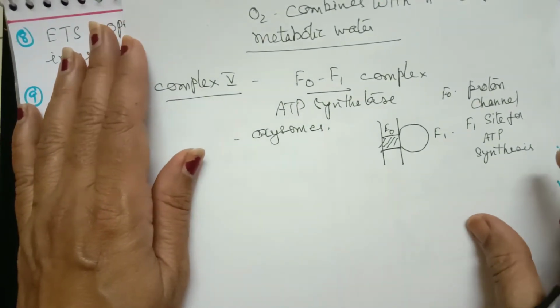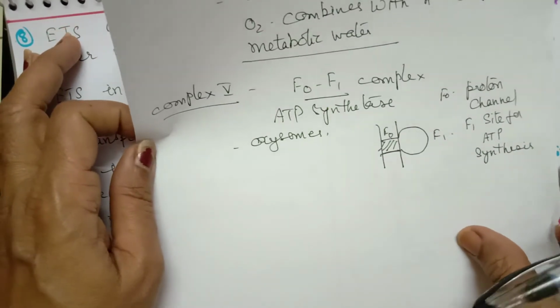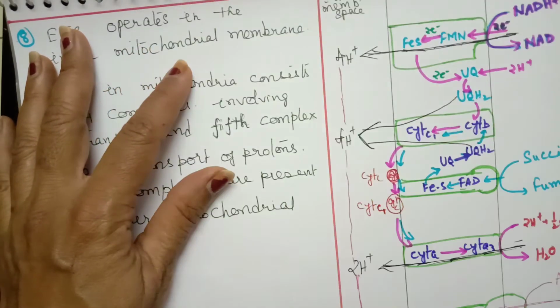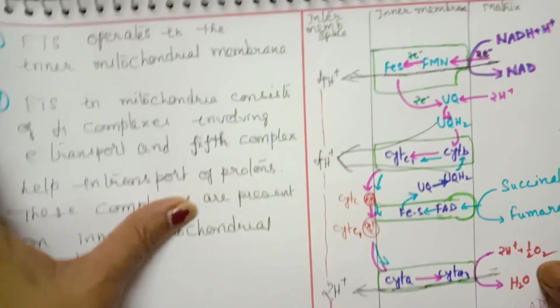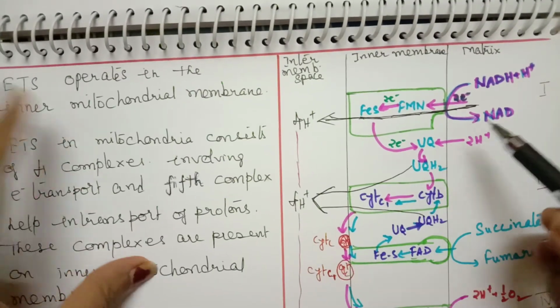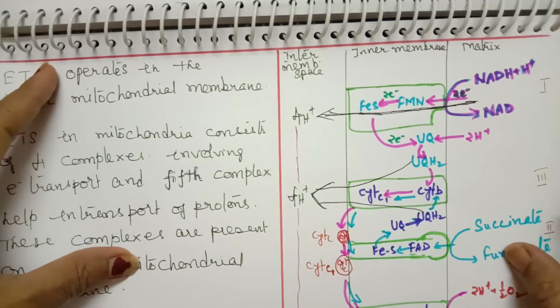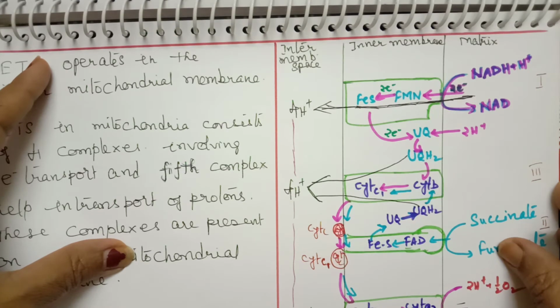Okay, now let us see what is the actual electron transport chain and how the proton translocation takes place. Now let us go to this diagram where we can represent all the 5 complexes. I'll show you one by one all the 5 complexes.